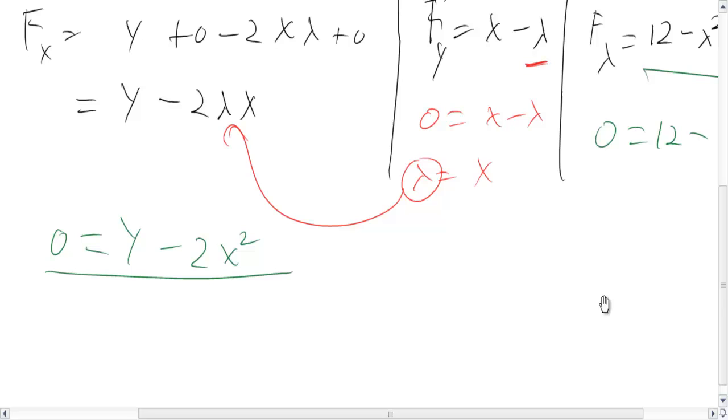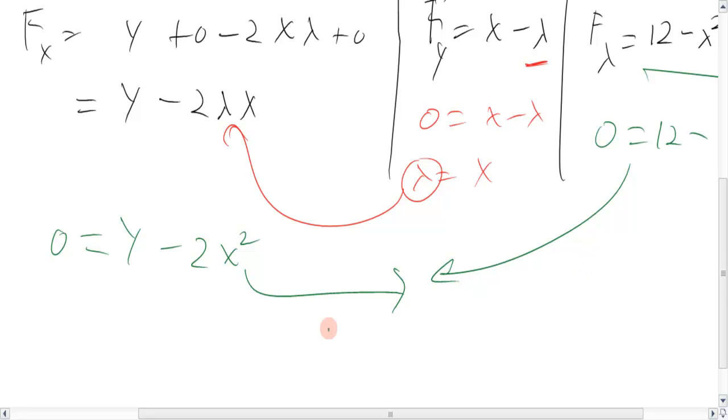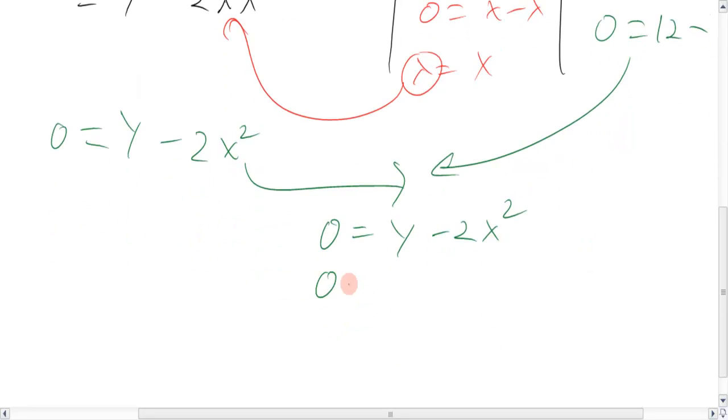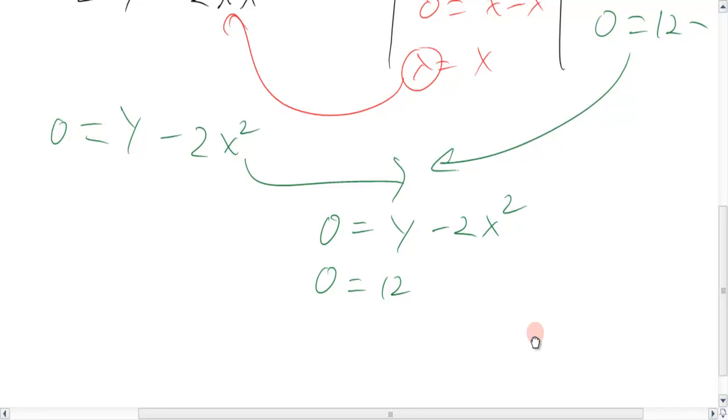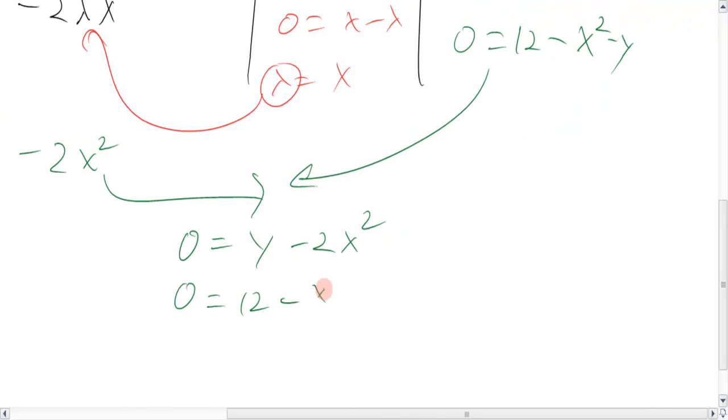So I'm going to put these two together and solve another system. So I've got 0 equals y minus 2x squared, and the second equation is 0 equals 12 minus x squared minus y.